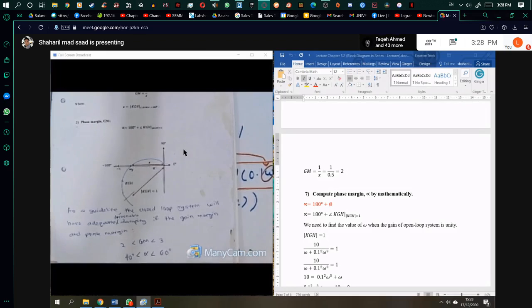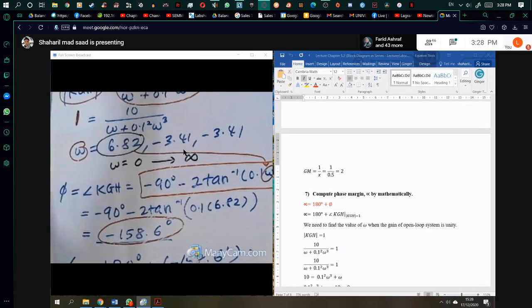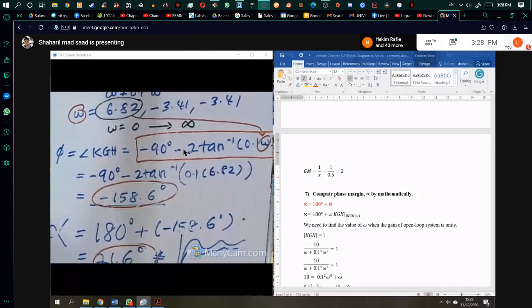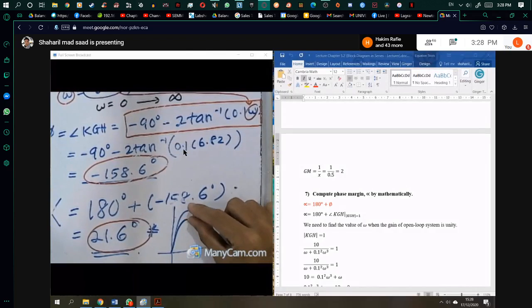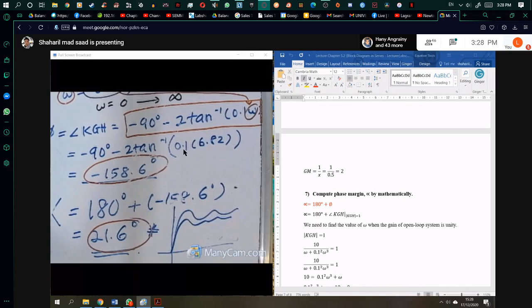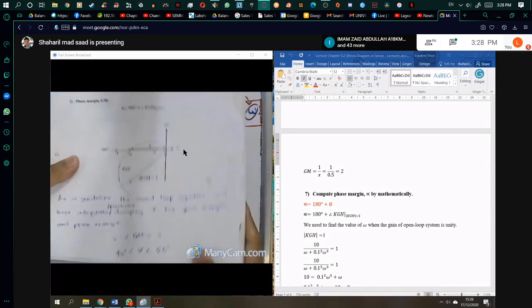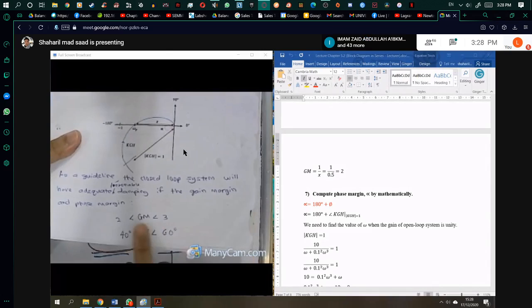So I think we already know before that the damping ratio will give you the effect of the overshoot. So that means the damping ratio. So if you get the gain margin less than 3 or more than 2, that means it will give you adequate damping.